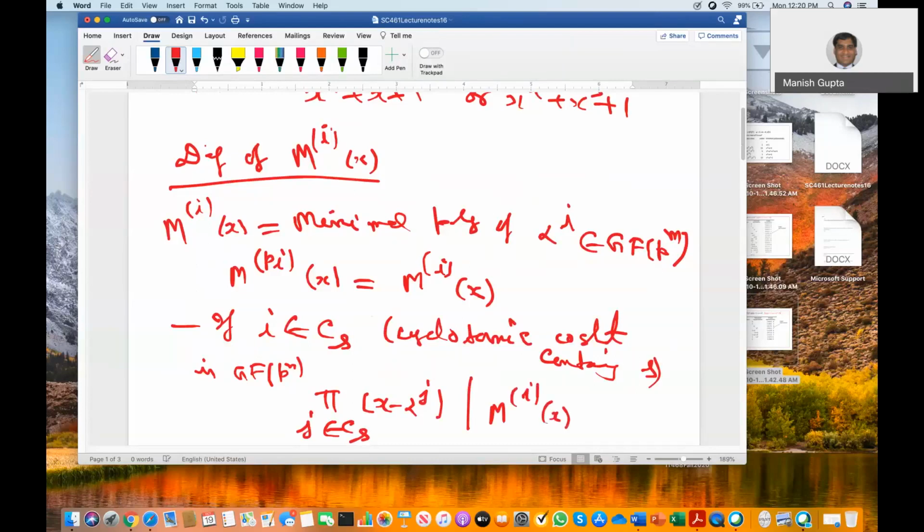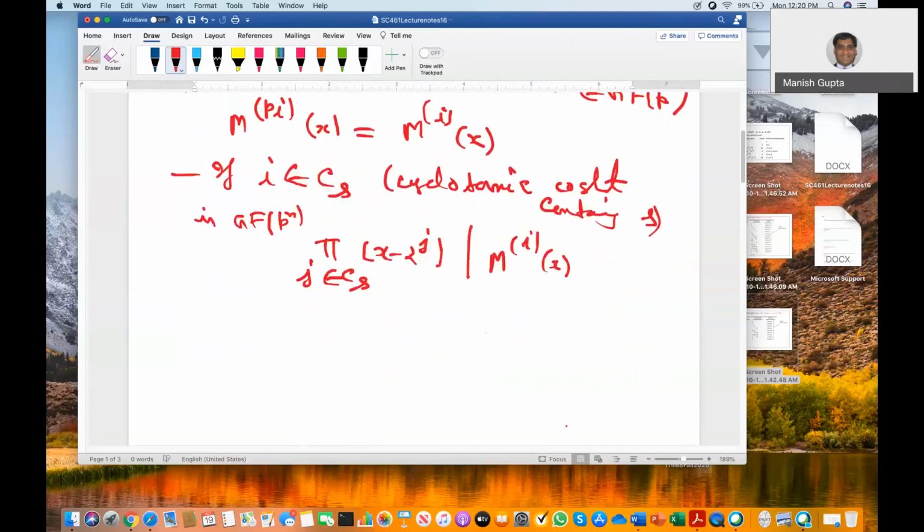In fact, we have much more to say, and that is your 7th property: m_i(x) is nothing but the product over j belonging to C_s of x minus alpha raised to j. We just found the polynomial, for example (x plus alpha) into (x plus alpha squared) into (x plus alpha to the 4), right? This is the minimal polynomial.